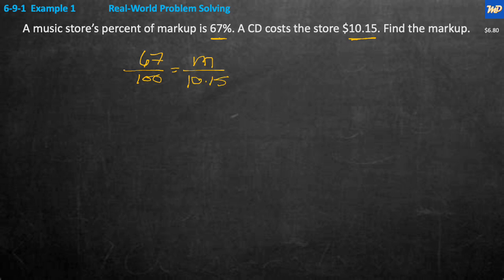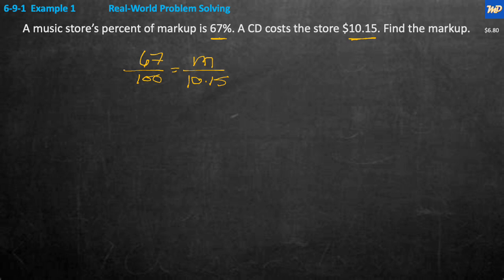So the relationship of the markup price versus the price paid is 67%. So 67% of $10.15 is the markup. The proportion goes between the percentage, 67%, and the markup price. Well, let's work it out.